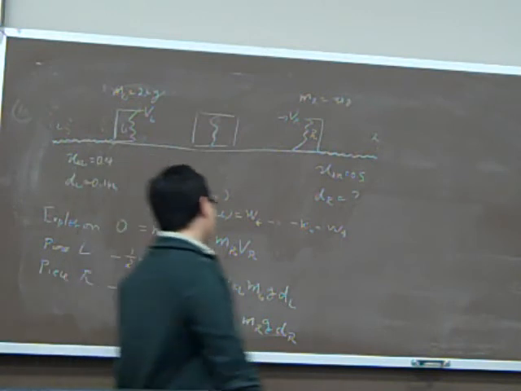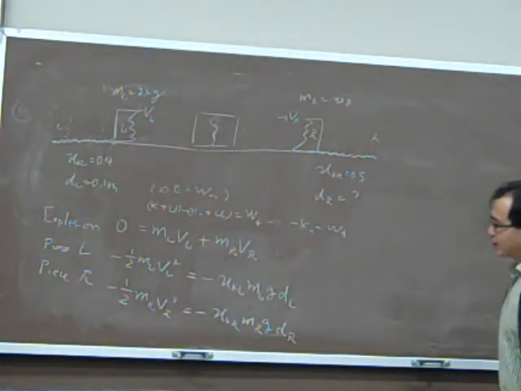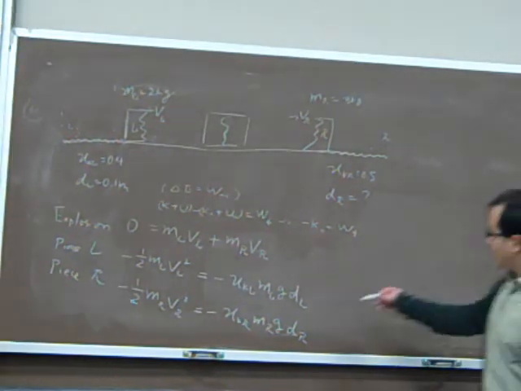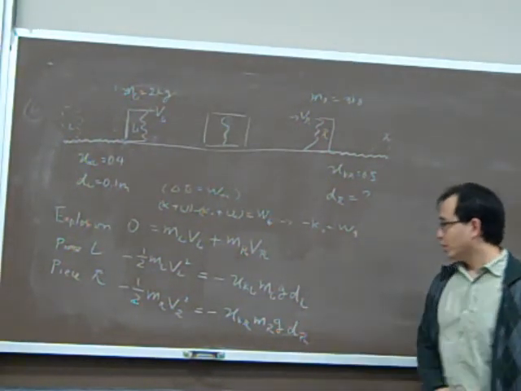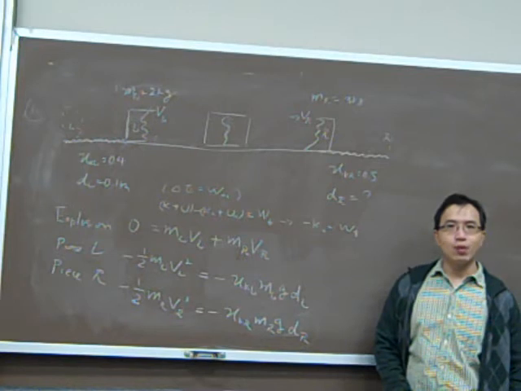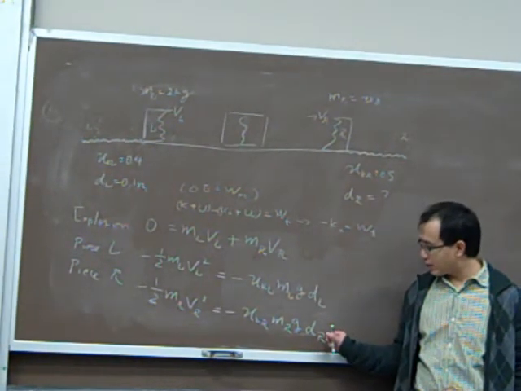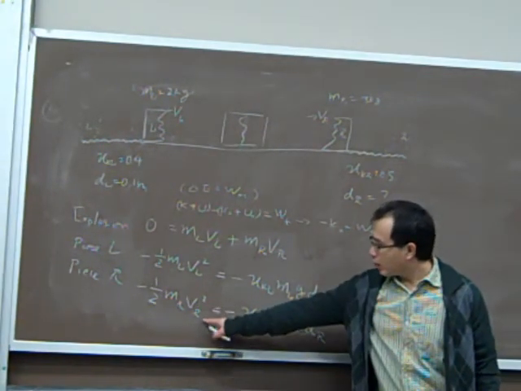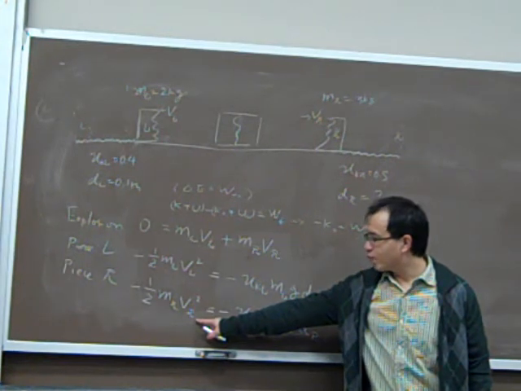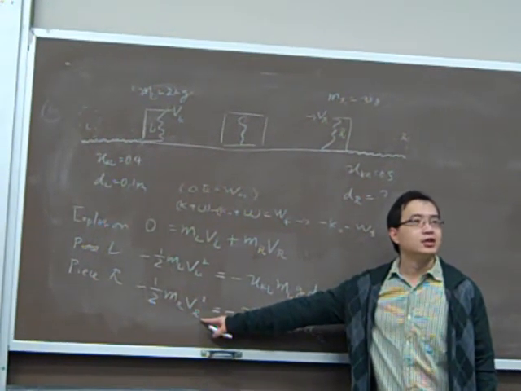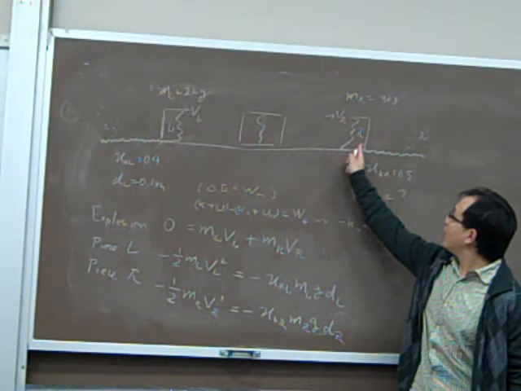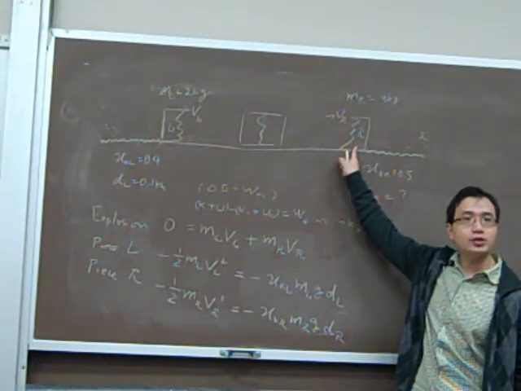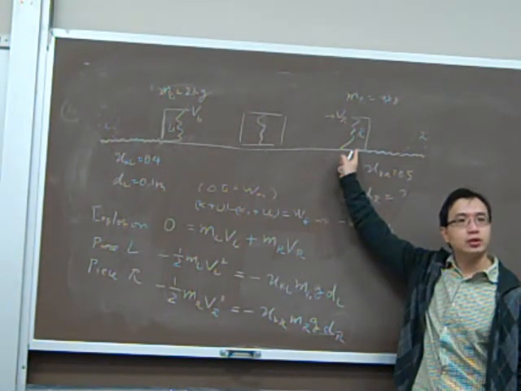And then once you write down these equations, you can analyze. We try to find dr, right? If we want to find dr, we want to know Vr, the velocity of the block R acquired after the explosion.